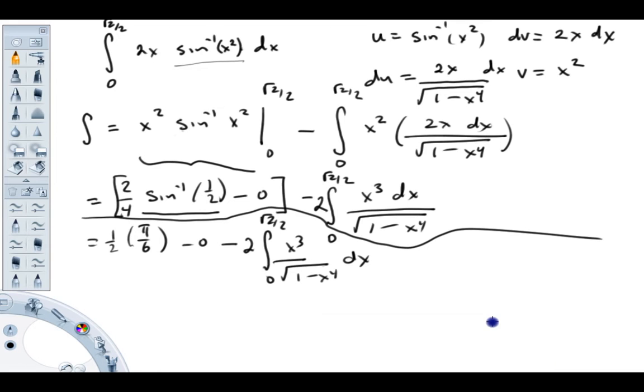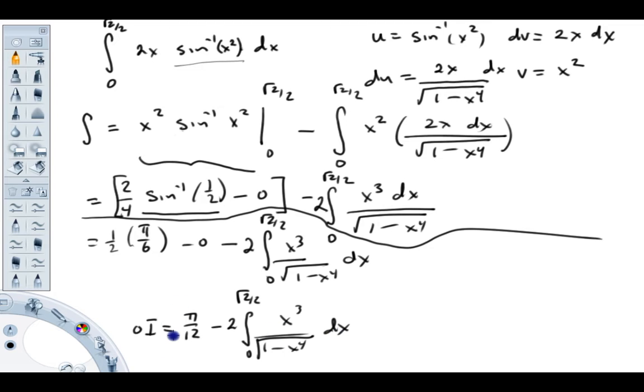All right, I'm back here, so let's see. I need to clean up and get myself some space here. So I think what I'm going to do is write down here OI, which stands for original integral, is equal to pi over 12, by the time we simplify this, minus 2 times the integral from 0 to root 2 over 2 of x cubed over the square root of 1 minus x to the 4th dx.